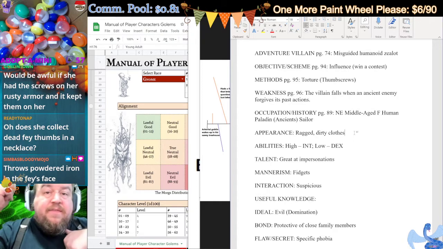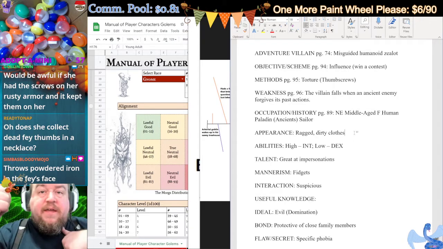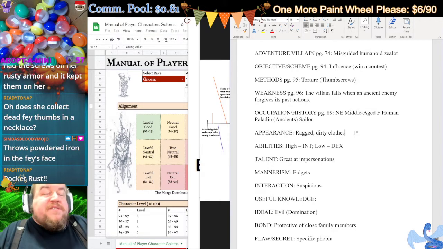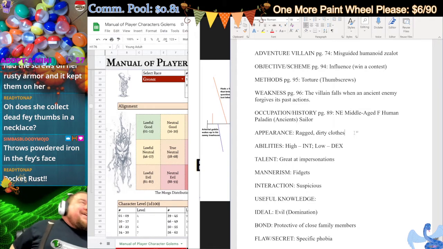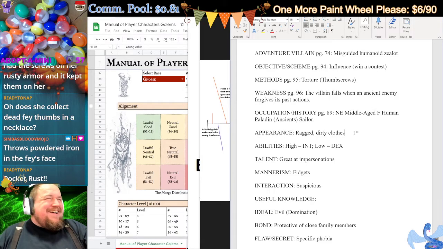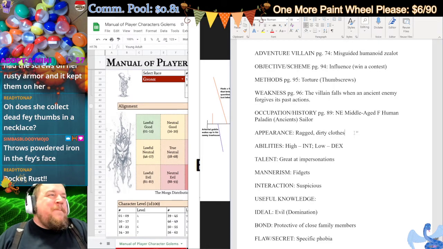Not quite like plucking the wings off of a fly or a dragonfly or something. Oh, so instead of pocket sand, it's pocket powdered iron. Yeah, pocket rust. Pocket rust.